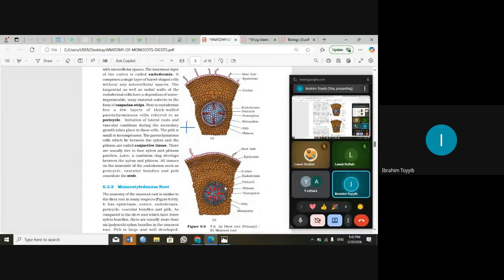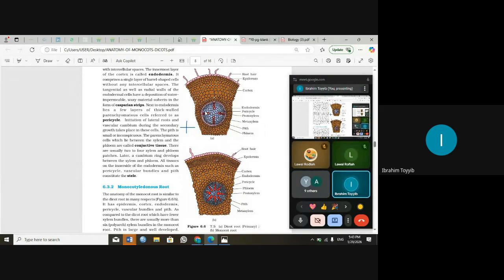Now let's come to the monocot root. Look at the differences between the dicot root and the monocot root. If you see this diagram, look at this one now. How many xylem do we have here?